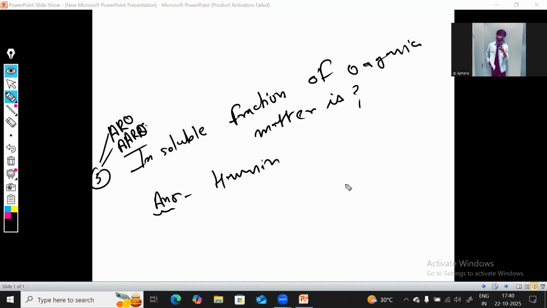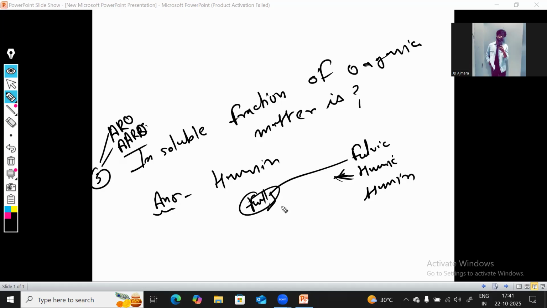There are three major acids that come from organic matter: humic, fulvic, and humin. How can you remember which is fully soluble, which is soluble in one, which is not soluble? This is simply a trick. F is for fulvic, fully soluble in everything.